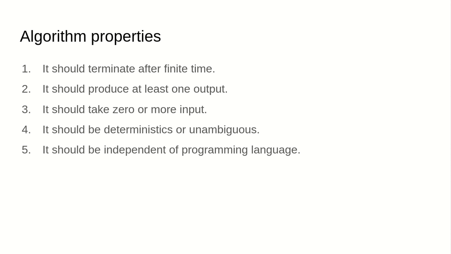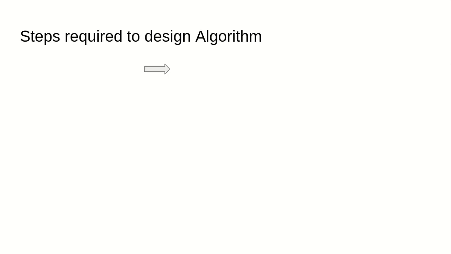Now we will see the steps required to design an algorithm. First, problem definition. If we are clear about what the problem is, or clearly know the problem definition, then 50% of algorithm development is over.